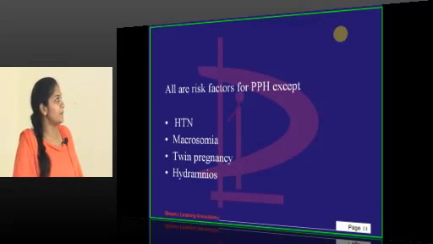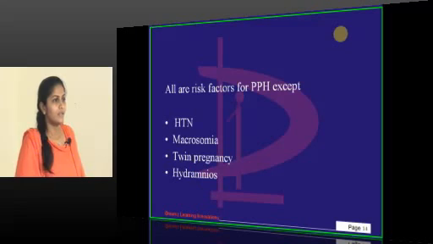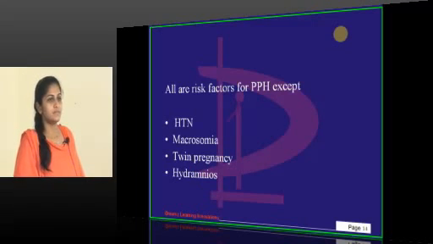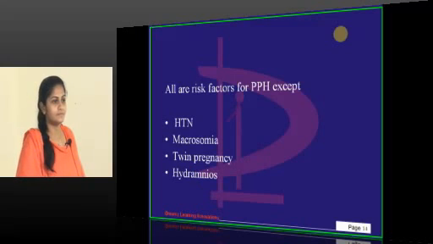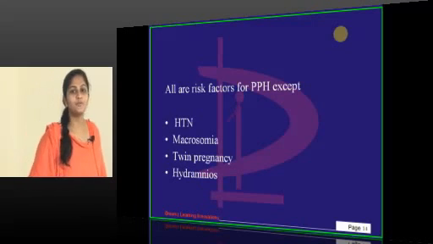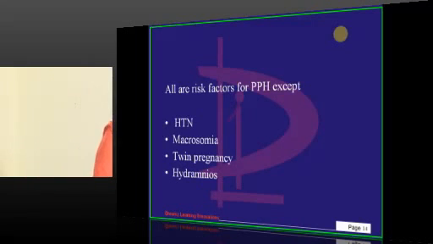All are risk factors for PPH except. Think about the 4 Ts, whether they are there or not. If it doesn't contain any T, that is the answer. See, abruptio placenta can be the answer, but not hypertension.